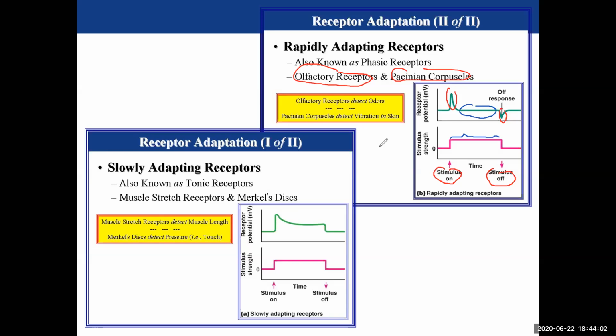So those are distinct receptor responses. Some remain active as long as the stimulus is present, and the other type responds only to changes, meaning the appearance of the stimulus at the beginning and the end of the stimulus when the stimulus is no longer present.